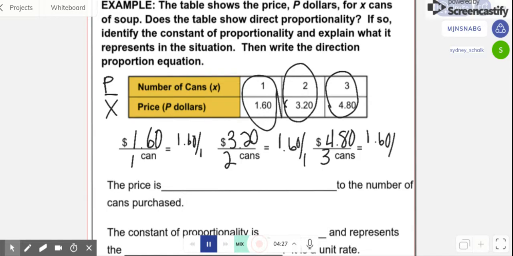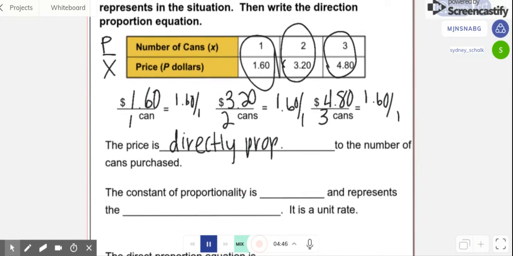And so we can describe this as the price being directly proportional to the number of cans purchased. The constant of proportionality is 1.6 and represents the price per can.